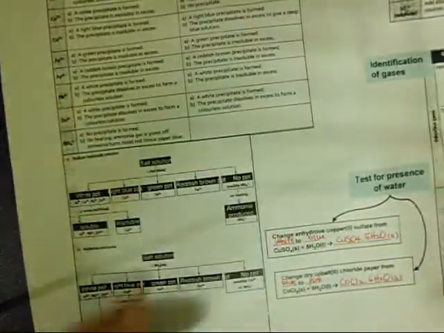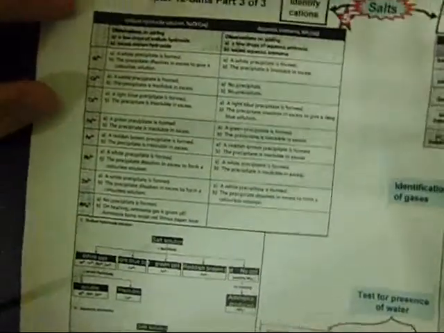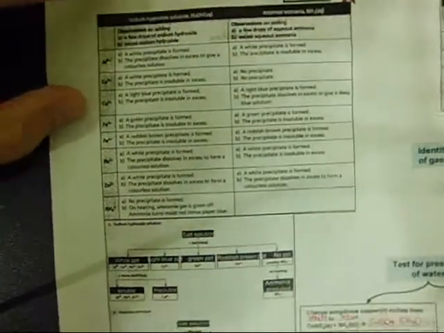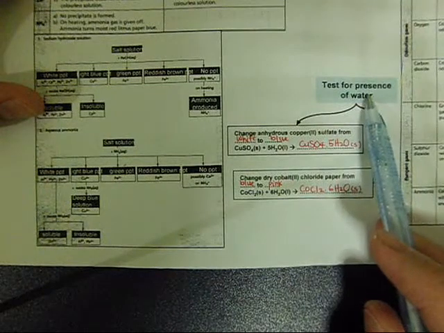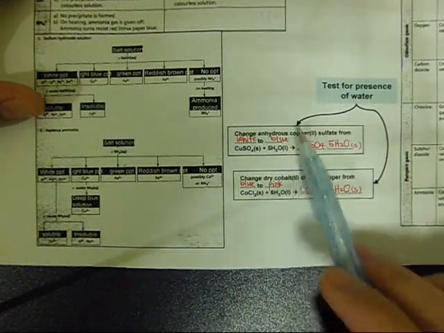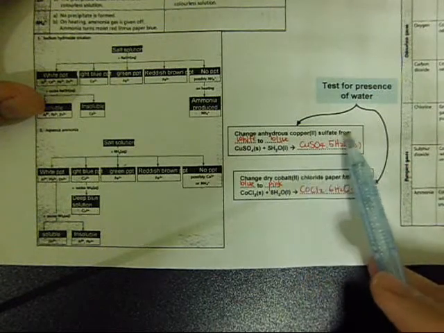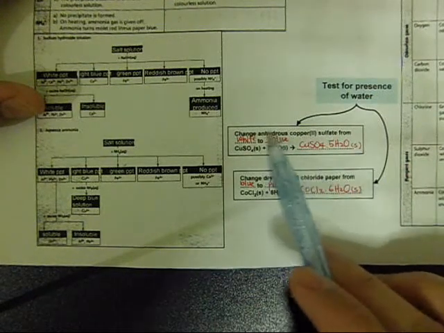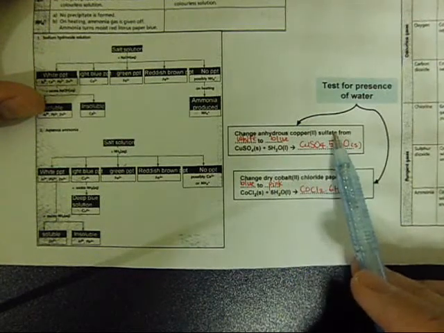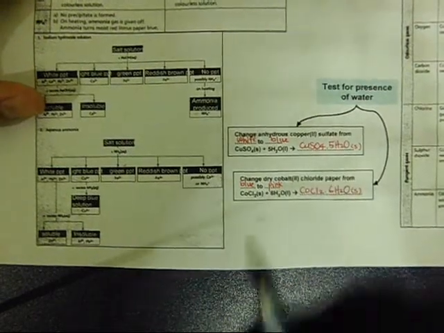And then the last page of the salt mindmap is on the cation and anion identification. One thing to take note of is that to test for the presence of water, we can use one of two chemicals. We can use anhydrous copper(II) sulfate. Anhydrous means dry; it is actually in powder form.